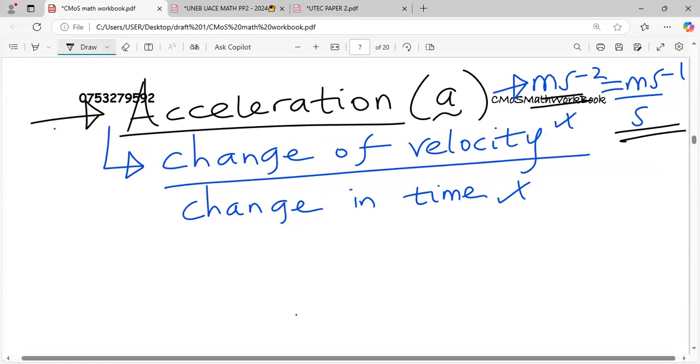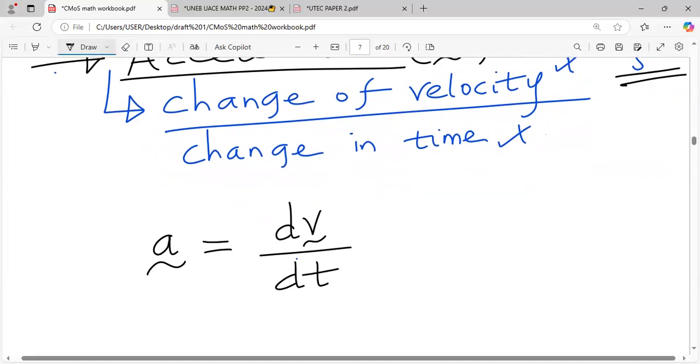I will say that acceleration is the change of velocity v, which is a vector quantity, out of dt, which is change in time.